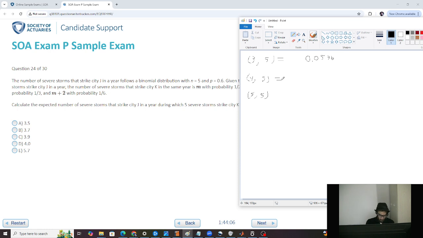Times a 1/3 chance of 1 more hitting K than J. .0864. 5 hit J, 5 hit K. That's just 0.6 to the fifth times 0.5. 0.0389.